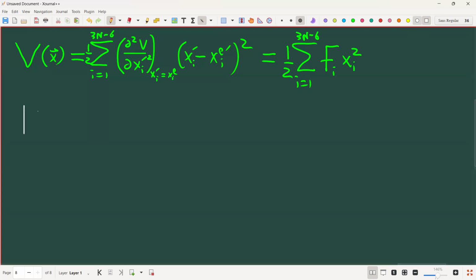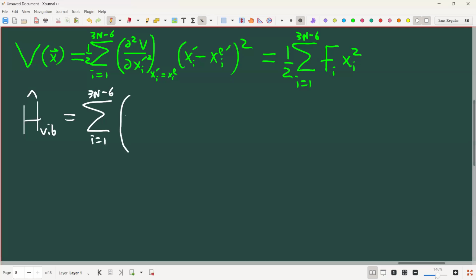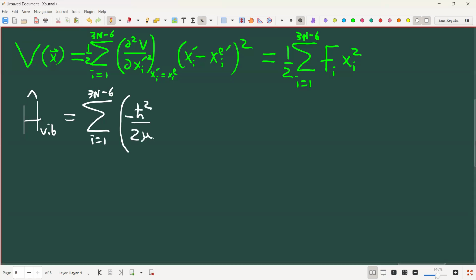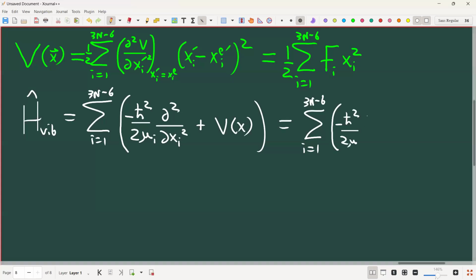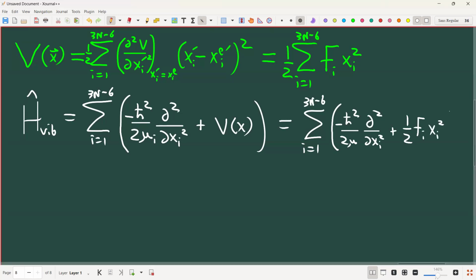All right, so our Hamiltonian for vibration looks like a sum from i equals 1 to 3n minus 6 of the kinetic energies of each of these motions that have a reduced mass times the second derivative with respect to their displacements, plus V of x, which is the sum from i equals 1 to 3n minus 6 of minus h bar squared over 2 mu, second derivative, plus 1/2 f sub i x sub i squared.